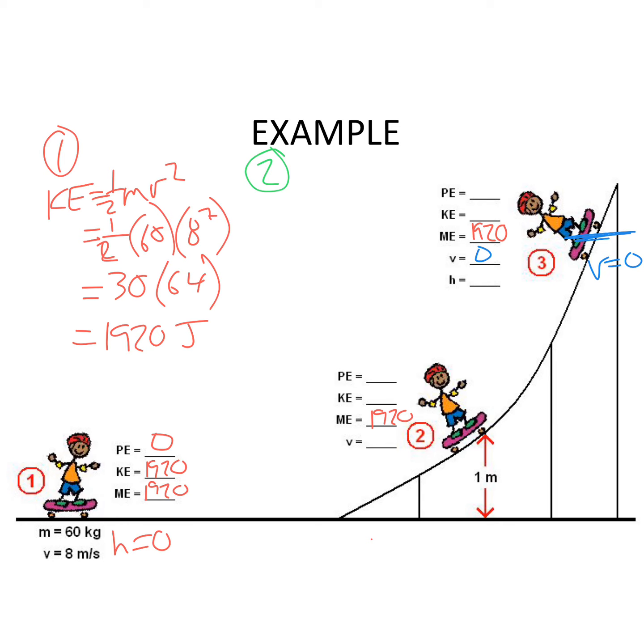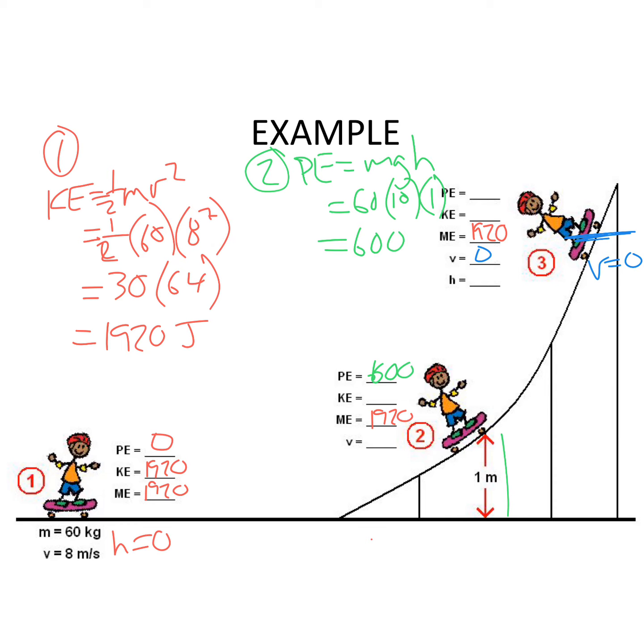Position number 2. We have a height here. And because I have a height, I can find a potential energy. mgh. 60 times 10, that's my gravity, times my height, which is 1. 60 times 10 is 600, times 1 is 600. So my potential energy is 600.